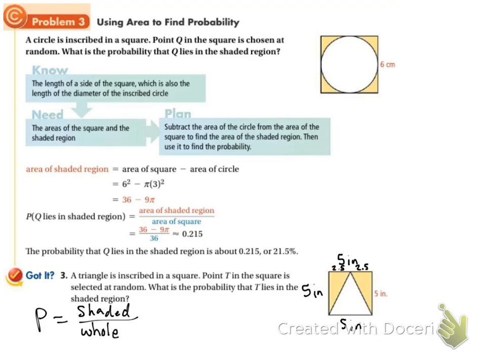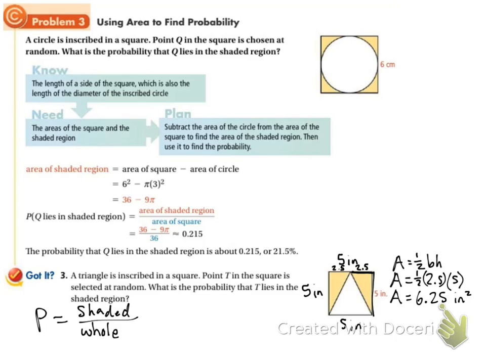The area of a triangle is half base times height. So A equals 1/2. Our base is 2.5 here, and the height 5 inches. And we do that on our calculator. We get 6.25 inches squared.